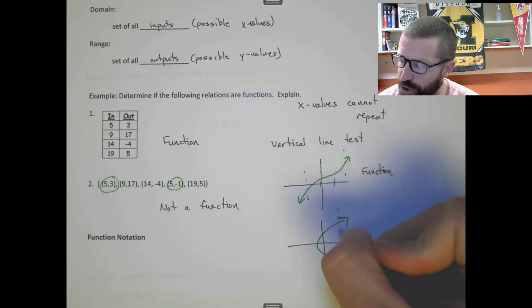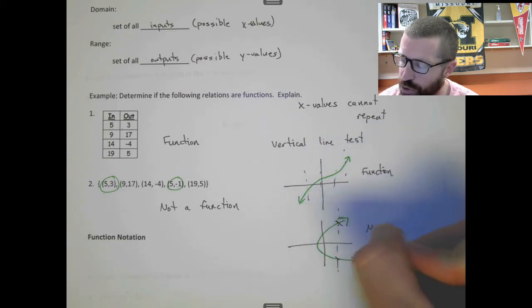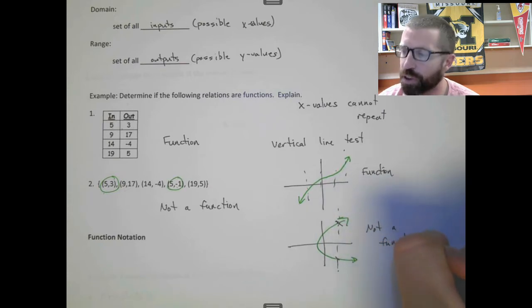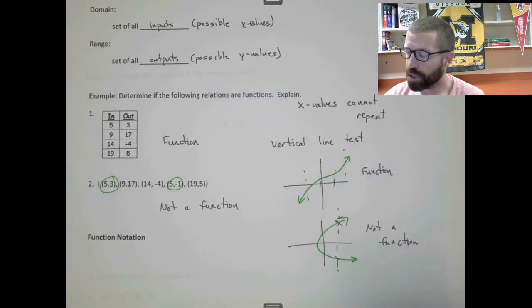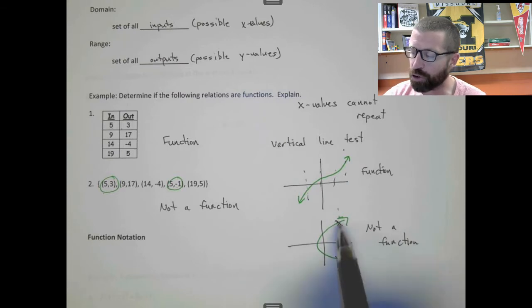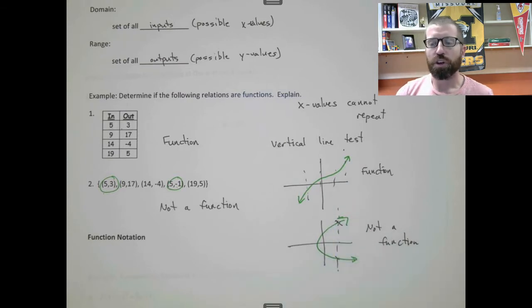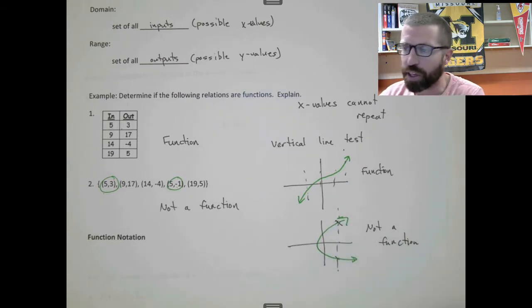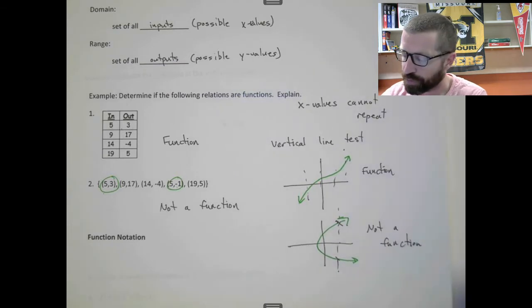But this is not a function because if I draw this vertical line, it'll touch in 2 different spots. So this is not a function. And that indicates that the input, whatever number this is, has 2 different outputs. It's going 2 directions, so you're not sure which one it is, so it's not a function.